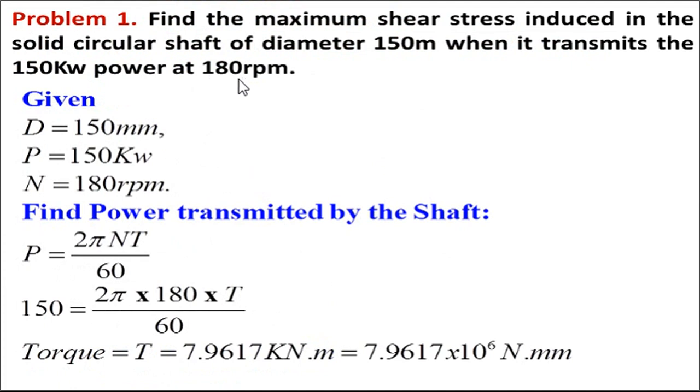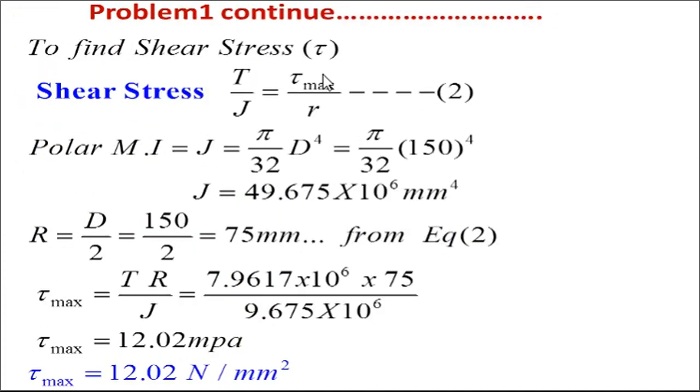So this RPM is given, kilowatt power is given, diameter 150 is given. By using that diameter 150, we will get the polar moment of inertia, 49.675 into 10 to the power 6 mm raised to 4. And R is capital D by 2, because the diameter is given, so the radius will be half of the diameter. 150 by 2, that is 75 mm.